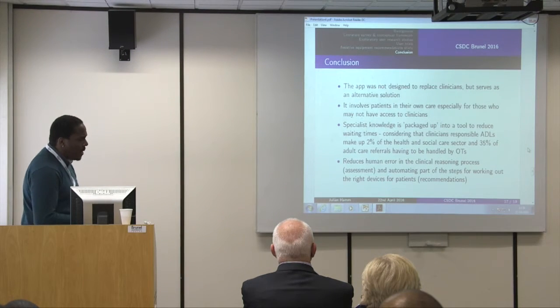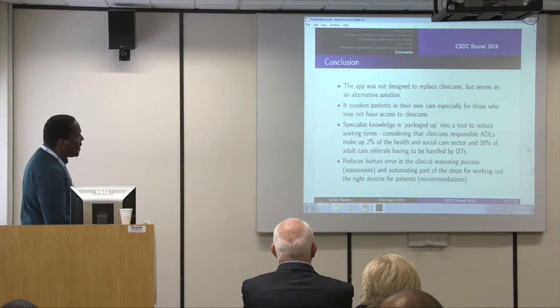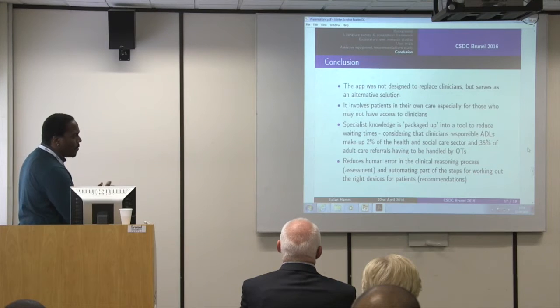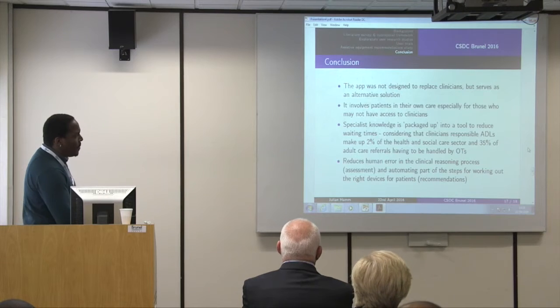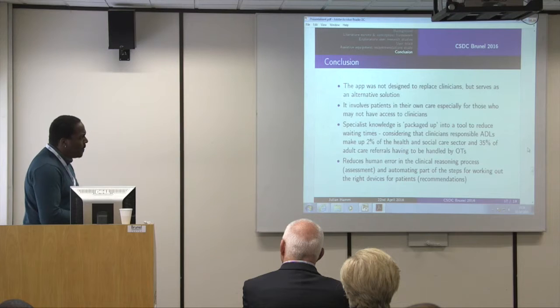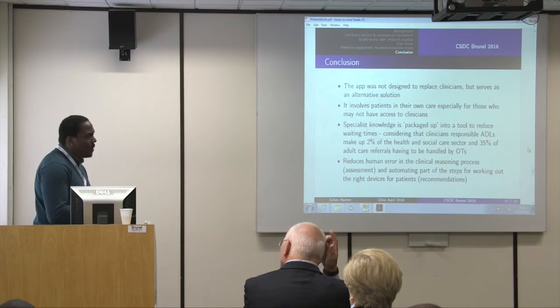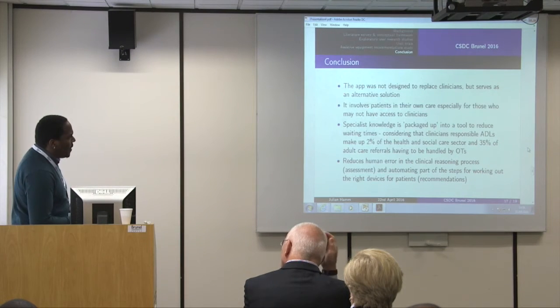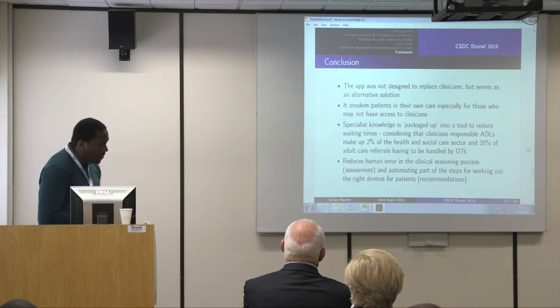The specialist knowledge that OTs tend to have when they're performing their assessments helps this type of knowledge to be packaged up into a tool where older adults could use it, especially given that clinicians only make up 2% of the health and social care sector and handle 35% of the referrals. It also helps with reducing human error in the clinical reasoning and automates steps to work out the specific device that meets the patient's needs.